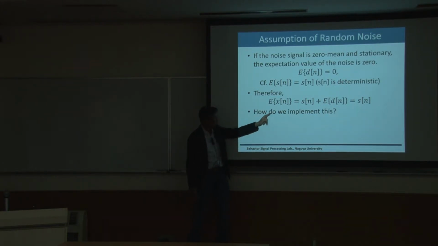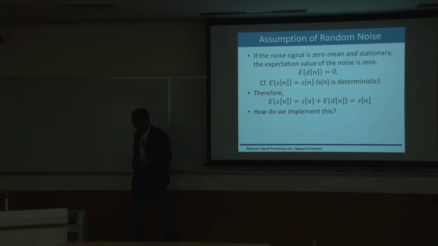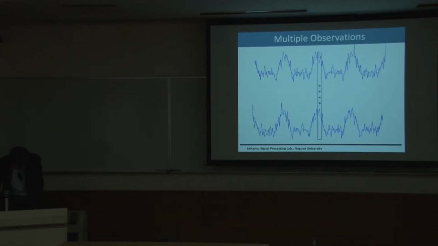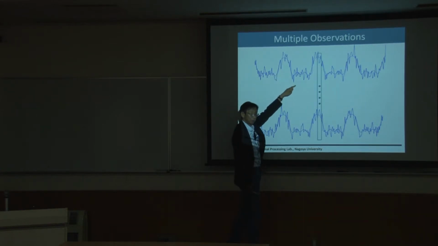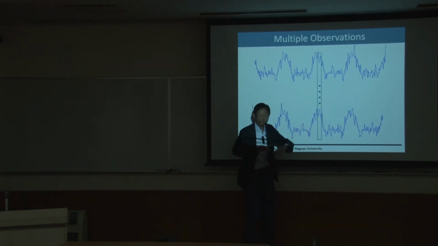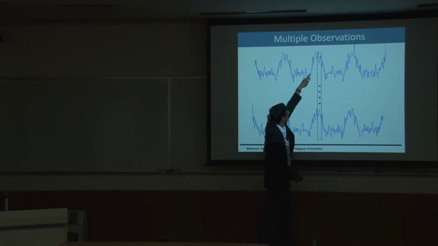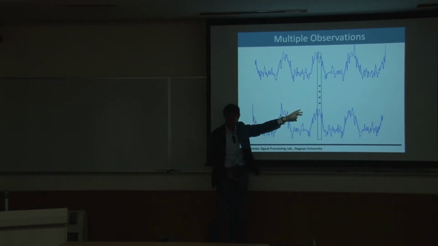And again, because we don't know the actual random variable, how we implement this idea in the signal processing domain is the issue. And that is not difficult, of course. Well, pretty easy. So let me give you one very rough idea. Again, the noise shape, because it is random, changes every time you measure. But the original signal that you would like to get never changes.